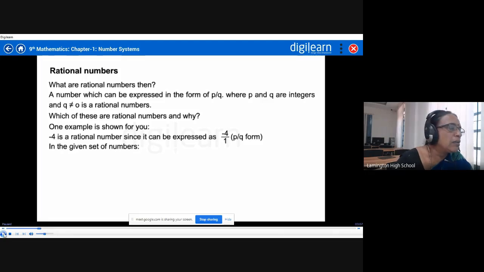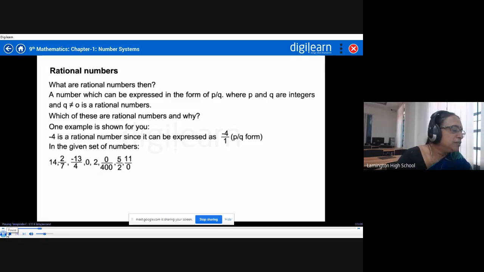So these are called rational numbers. Rational numbers are in the form of a fraction. They have a numerator and a denominator, and the denominator should not be equal to 0. See, I will give some examples. See here.